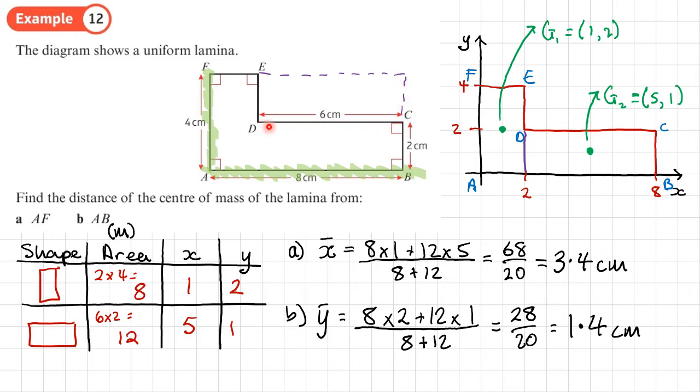This rectangle would have an area of 12, 6 times 2, and its center of mass, again, we can do by symmetry. So it would be 3 across from here. Okay, so actually that would be 5, and then going up, this would be 2 here, so it'd be 3, so it'd be (5, 3), and we would subtract the area and the center of mass from the bigger one. We'll get exactly the same answer.